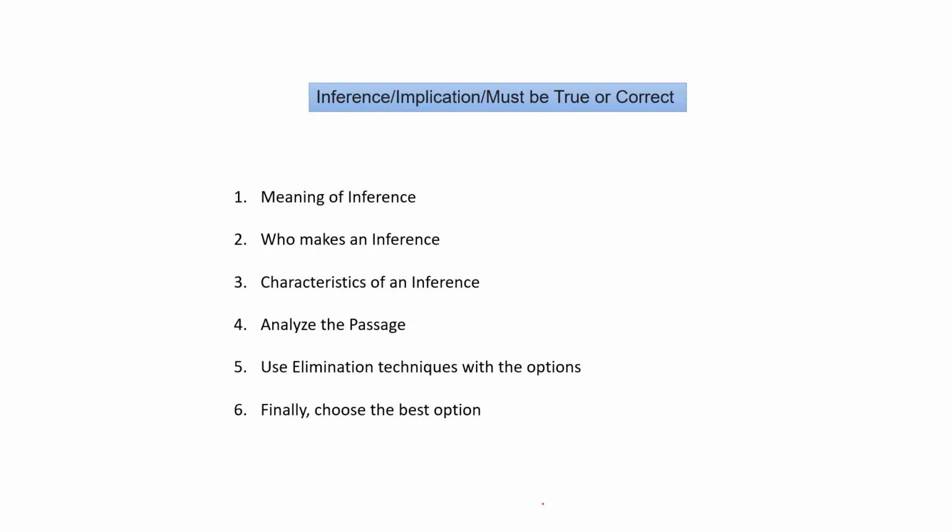And sometimes what happens? You have an option which is true as per common sense, because you read a lot. You have a lot of knowledge. You're a knowledgeable person. And very often that's the problem. You are likely to use the knowledge that you have in your mind to make an inference.